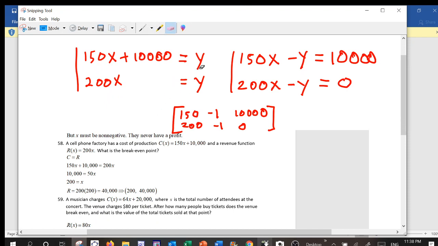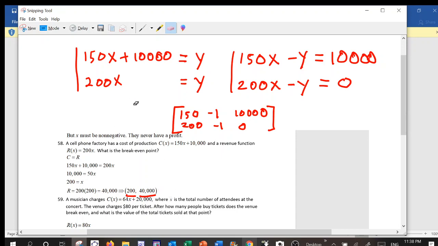So we assume that the y's are equal here, right? That means C and R are equal, so we just let them be y and they're equal. So the answer here is basically 240,000.